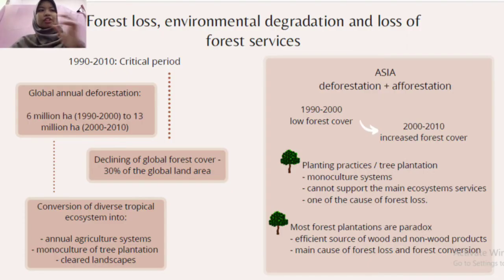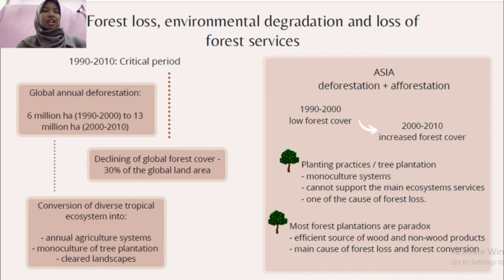Okay, so we continue with forest loss, environmental degradation, and loss of forest services. In our world, we have been through a critical period, which is from 1990 until 2010. We went through a global forest loss that is very alarming.